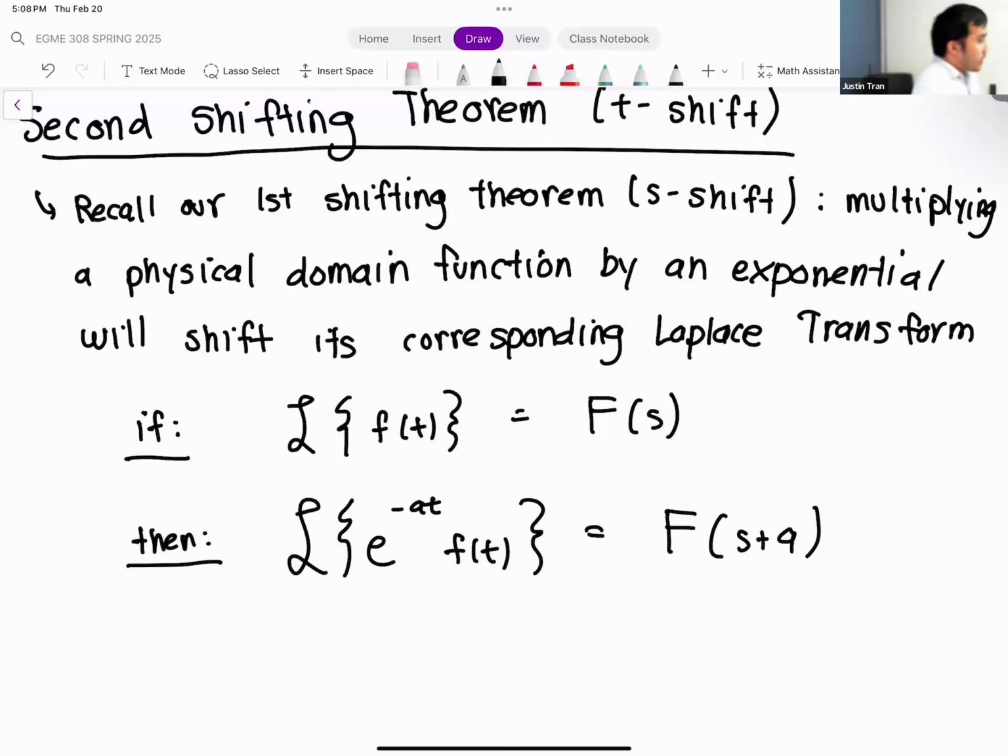Okay. So the second shifting theorem is very, very similar, except it's going in the reverse direction. So for a T shift, our second shifting theorem, if we multiply by an exponential in the Laplace domain, that's going to lead to a shift in the physical domain.